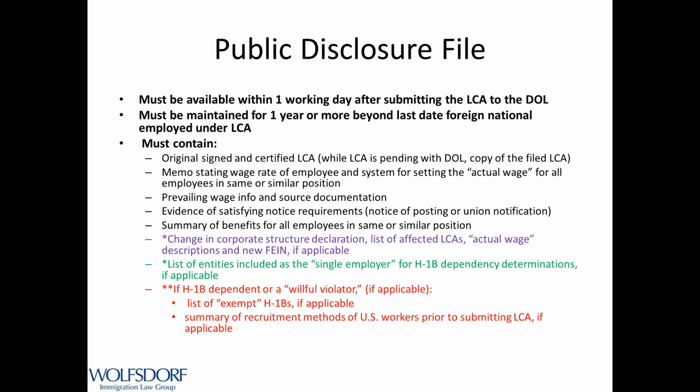And so if you're using the single employer method, which can utilize your subsidiaries or sometimes affiliates, depending on where, then you have to list all those entities there for purposes of the public disclosure file. And then, obviously, if they are H-1B dependent or willful violators, there are additional record-keeping requirements, which I'm not going to get into today.